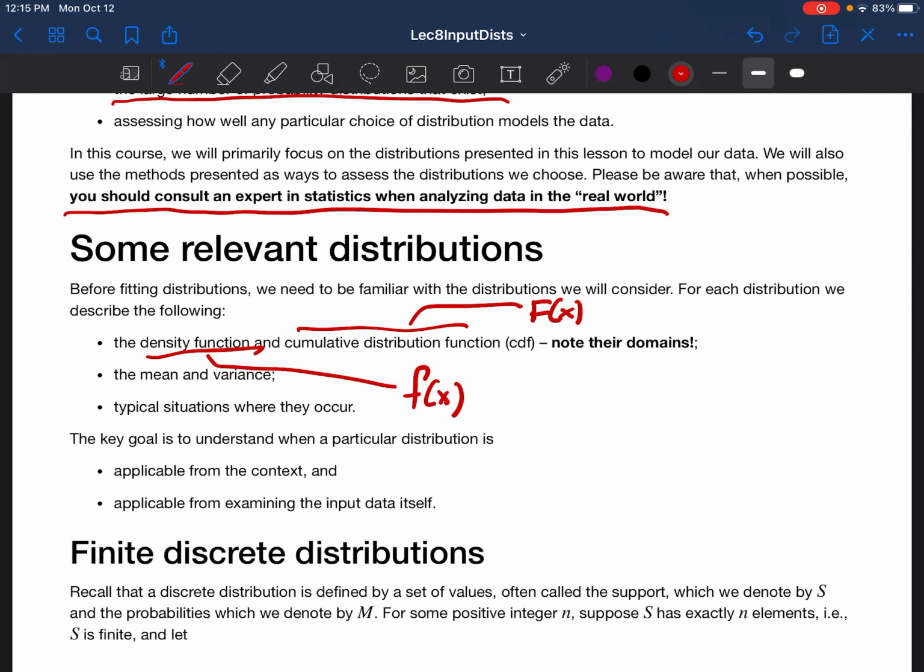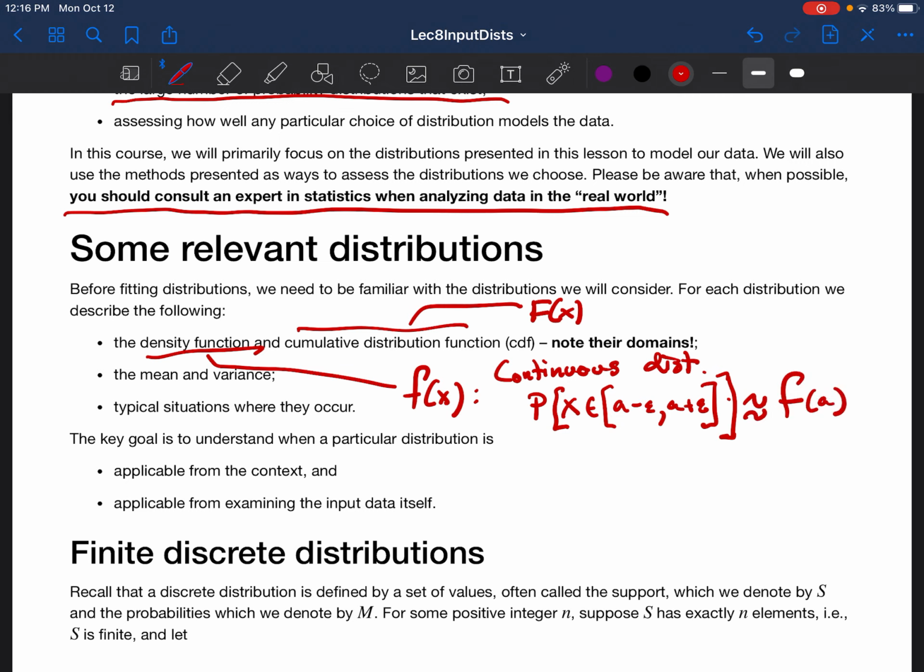The way you can think about this is that for a continuous distribution, the probability that this random variable x is in a little interval around a, so maybe a minus epsilon, a plus epsilon, is approximately equal to f at a.